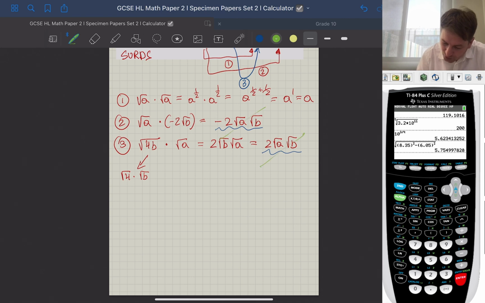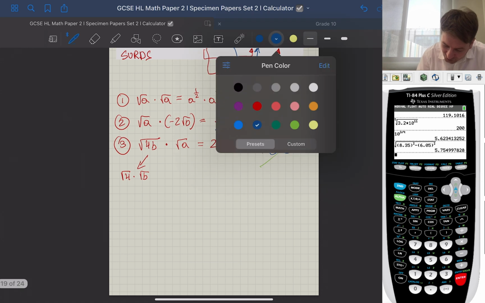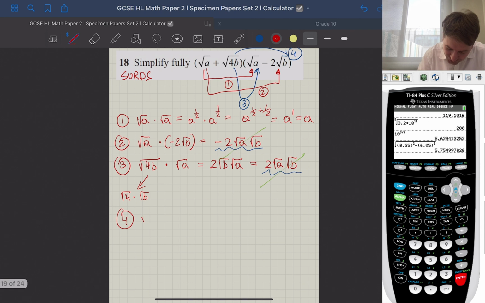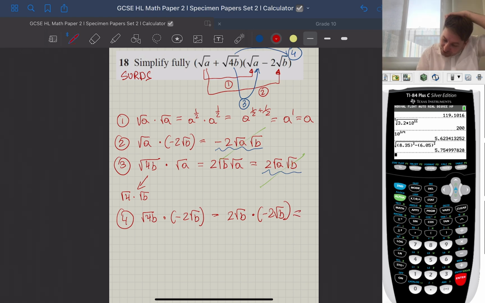This will cancel. All right, and the last multiplication, number 4, was root 4b times minus 2 root b, which now we know is 2 root b times minus 2 root b. So what is this going to give me?